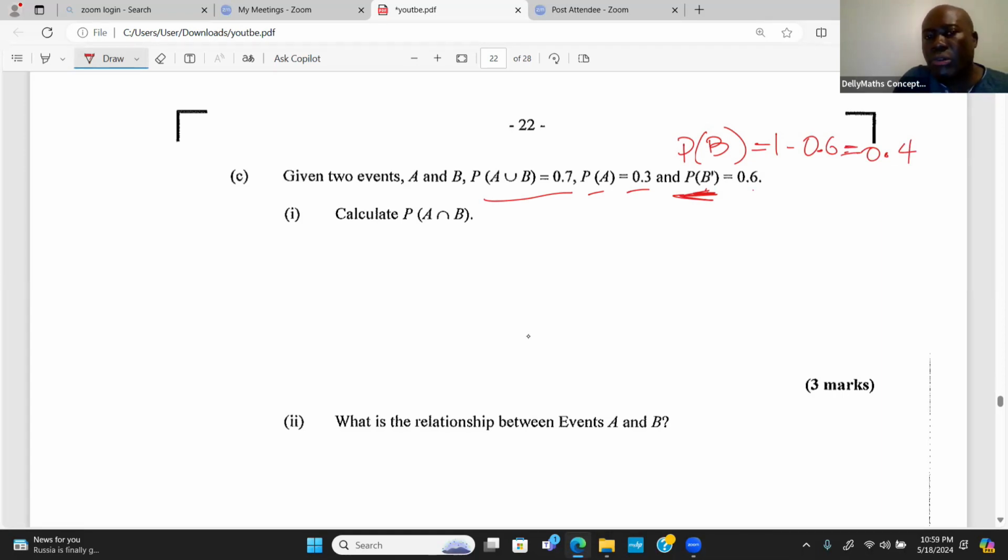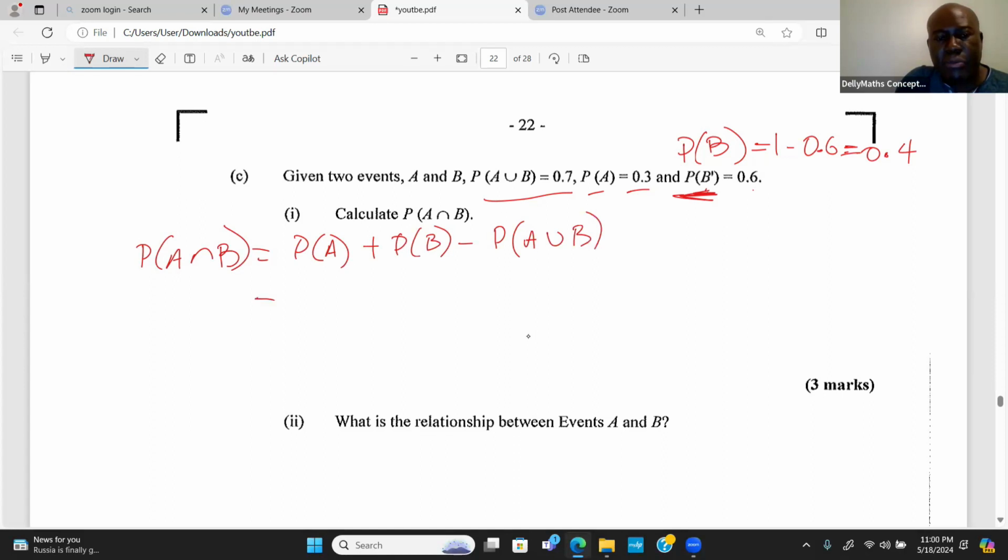And then now what we want to do is to find the intersection. The probability of A intersect B can be found by the probability of A plus the probability of B minus the probability of their union, which is A union B. Definitely the probability of A was 0.3.